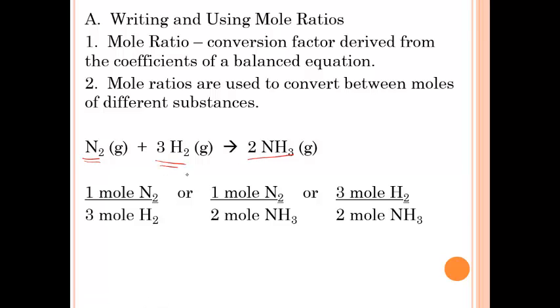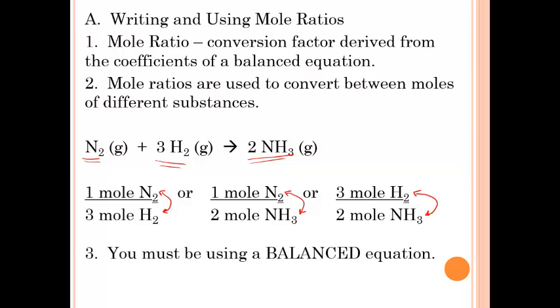Or we can say we have 3 moles of hydrogen for every 2 moles of ammonia. And then, to be honest, we could actually make 6, because each of these can also be flip-flopped or inverted, and we could get the opposite. So you can have 6 different conversion factors just from this one balanced chemical reaction, but again, you have to have a balanced equation. Absolute must.